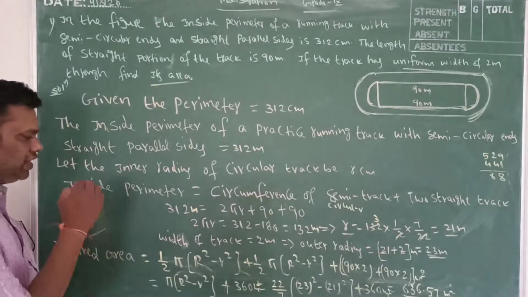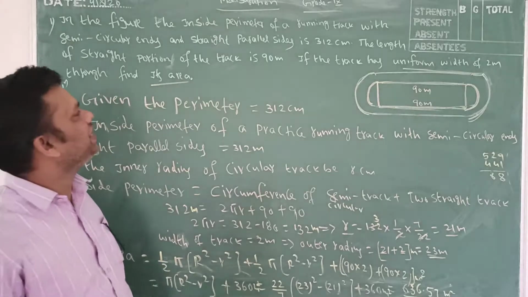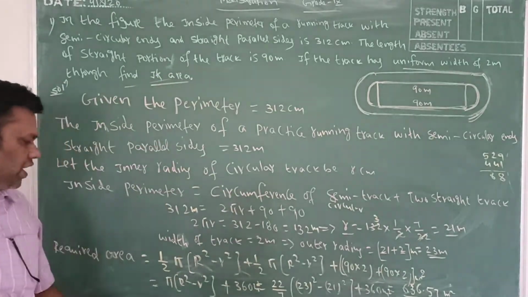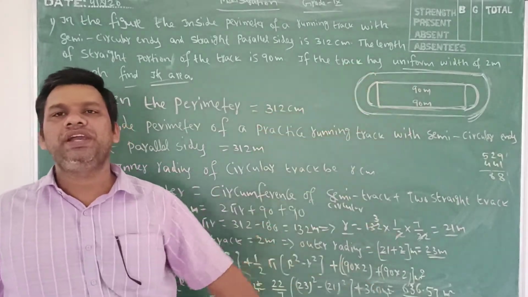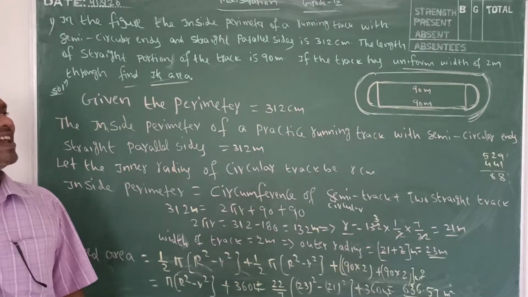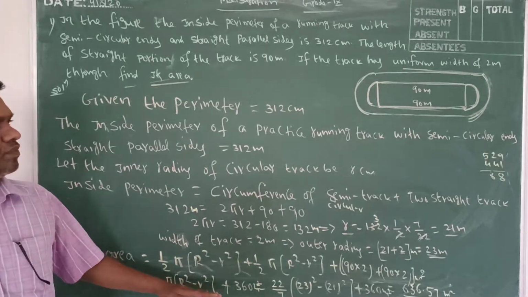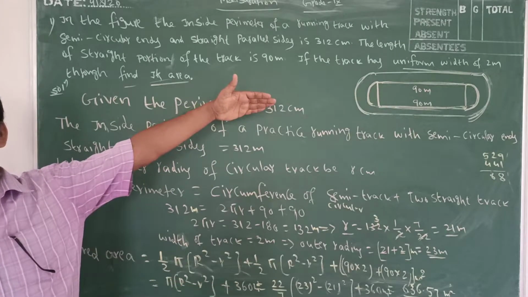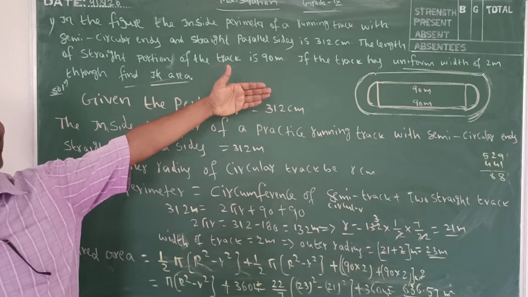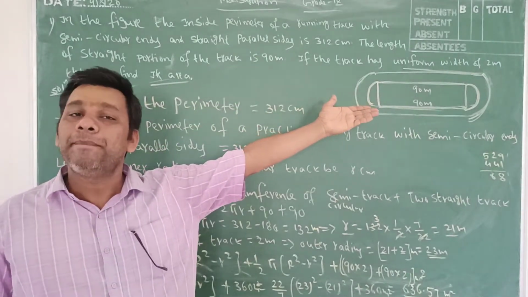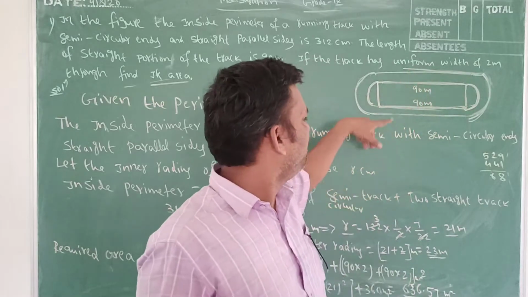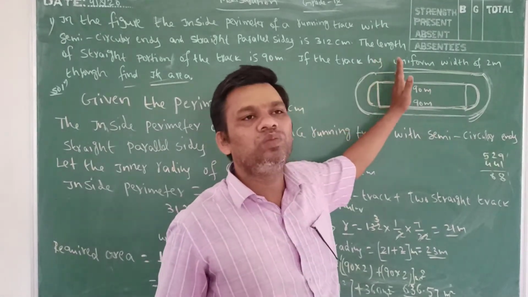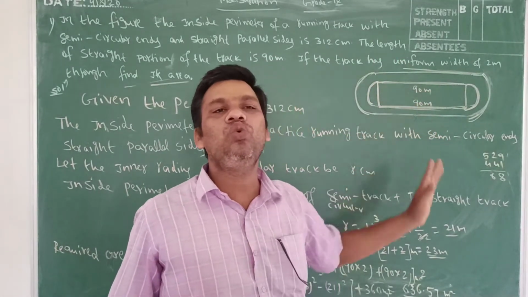Now required area. They are asking to find the area. The required area: semicircular ends, 2 parts are there, so the difference of the semicircular ends' areas, plus the areas of 2 rectangles, with measurements 90 length and 2 width.